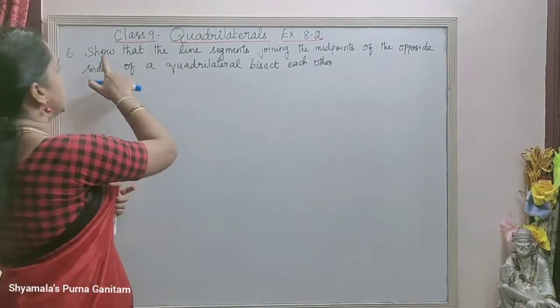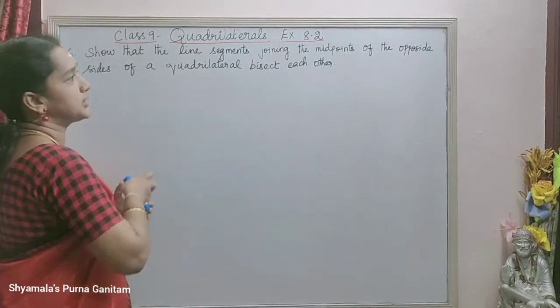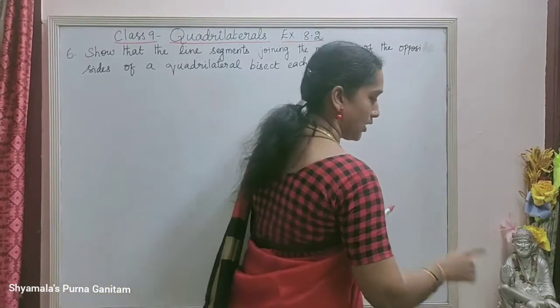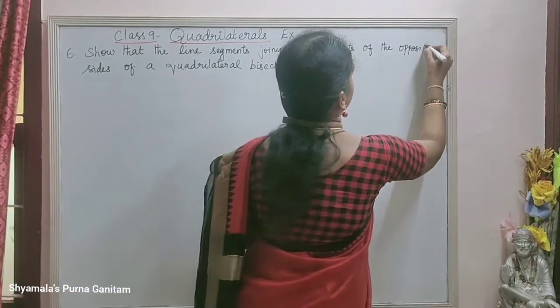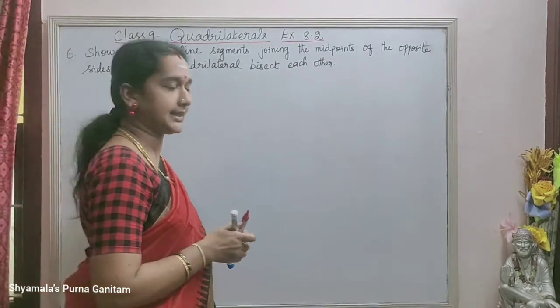Next sum is to show that the line segments joining the midpoints of the opposite sides of a quadrilateral bisect each other.